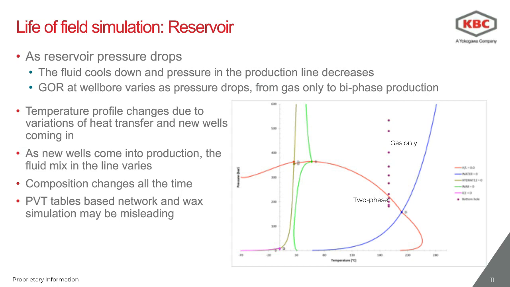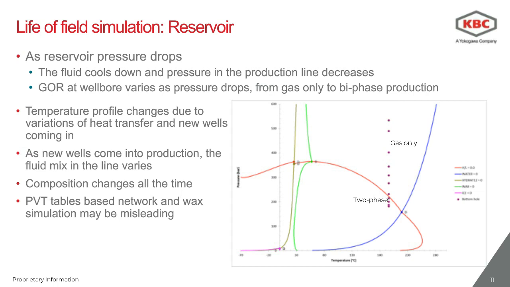Moreover, we know that new wells are going to come into production at a later stage, so the fluid is going to change in terms of mix of the phases, because the new wells are going to be brought in a state which is similar to the ones that are in production early on, but when the three wells which are in production right from the start are already perhaps in two-phase region.